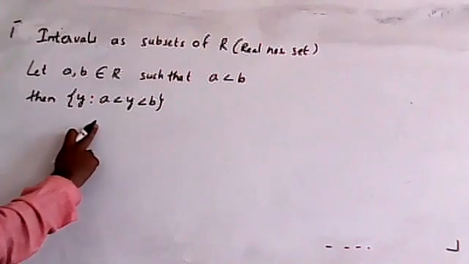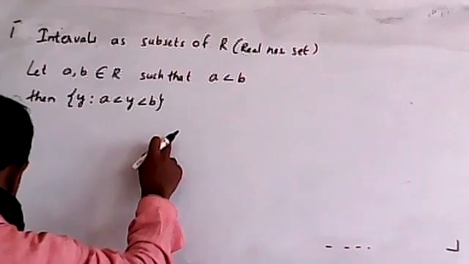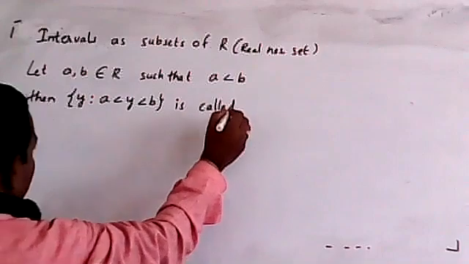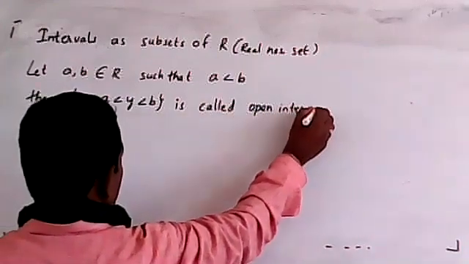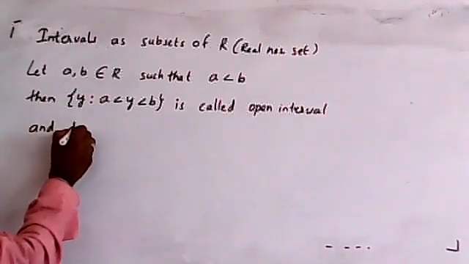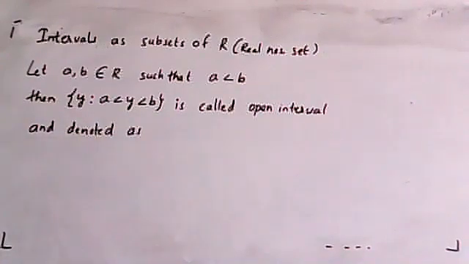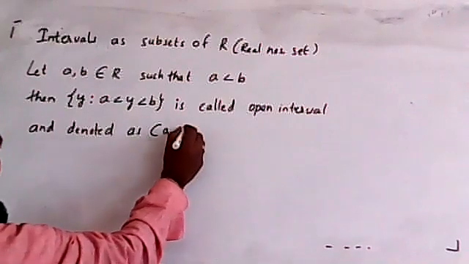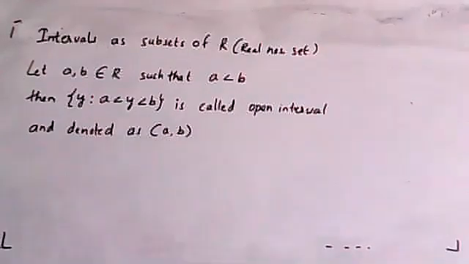Such a set is called an open interval, and denoted with open brackets, with the elements separated by a comma: (a, b).